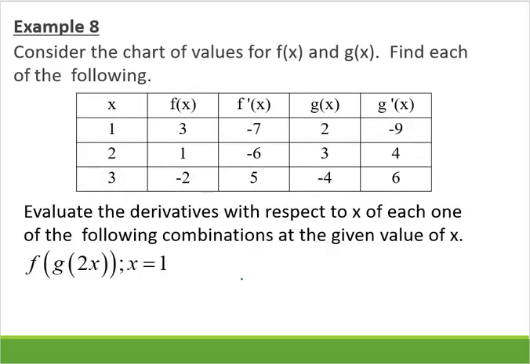Okay, next example. Probably one of my favorite examples. We'll do blue for this one. So, finding the derivative with respect to the following combination, using a chart of values. This is using a tabular method, so I'm looking at a table of values. Sometimes we might be looking at a graph; our book has a few of them.